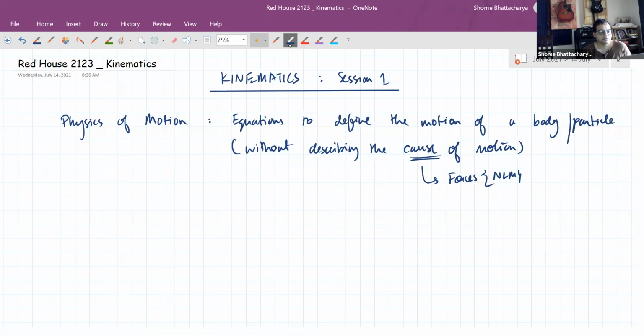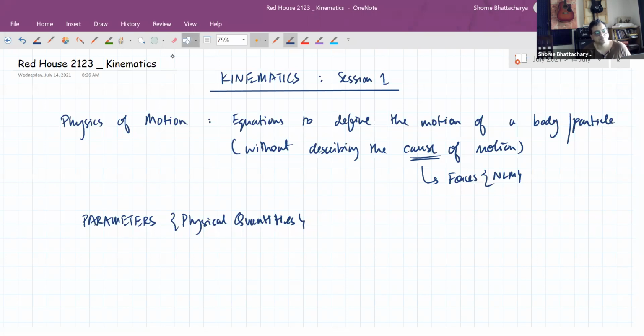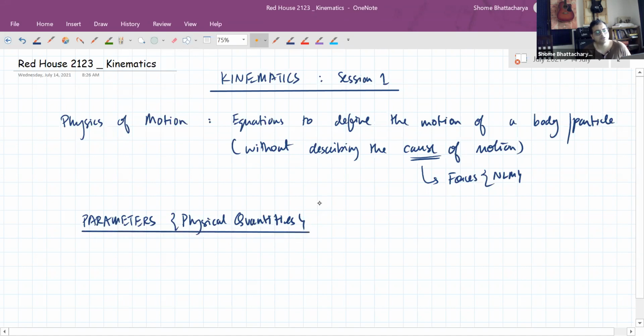So let's start by understanding the parameters, which are basically the physical quantities that we use for describing the motion of a body.